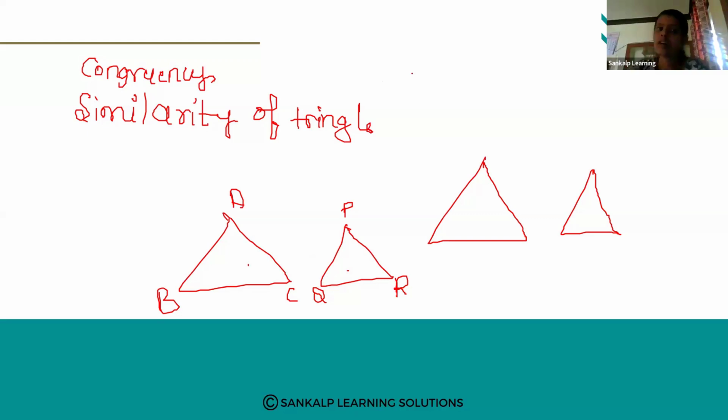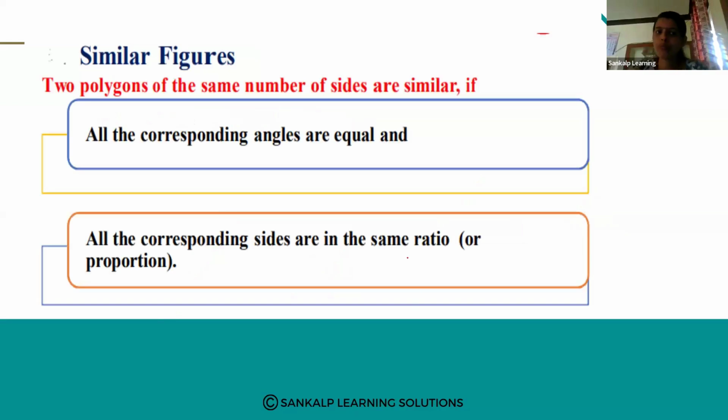So similar figures means what? Two polygons of the same number of sides are similar when all the corresponding angles are equal and all the corresponding sides are in the same ratio, or in the same proportion.